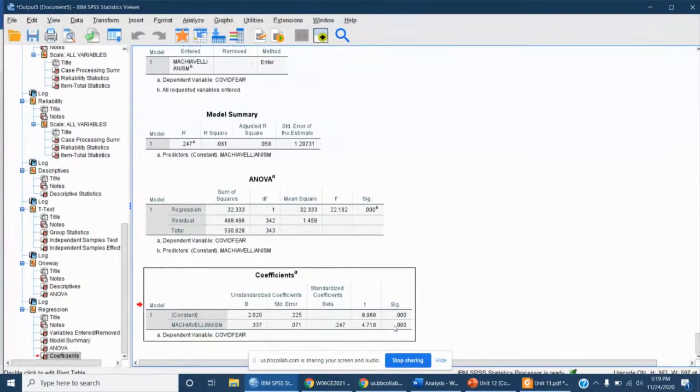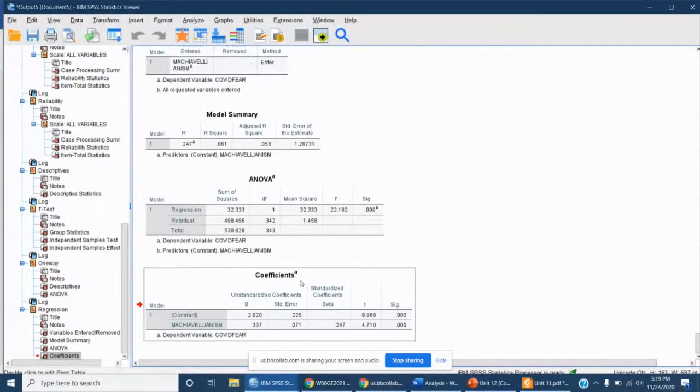Even though this change is very small, 6.1% is not a huge change because 94% is still unexplained, this 6% is still significant. This is shown by the significance column in my coefficients table.